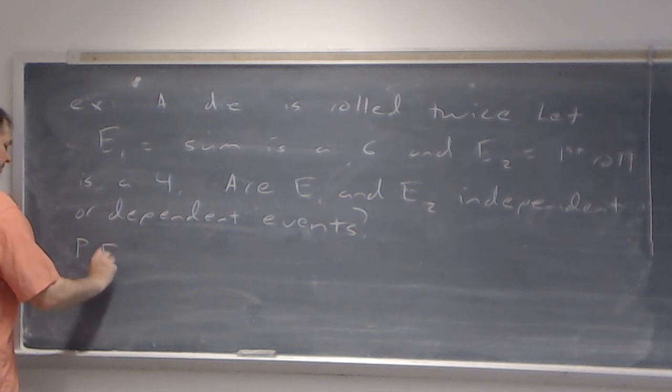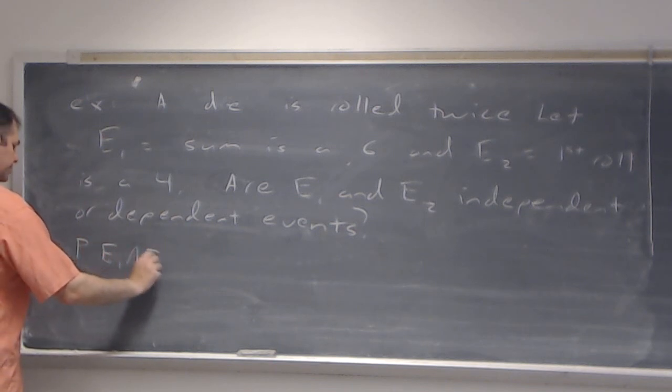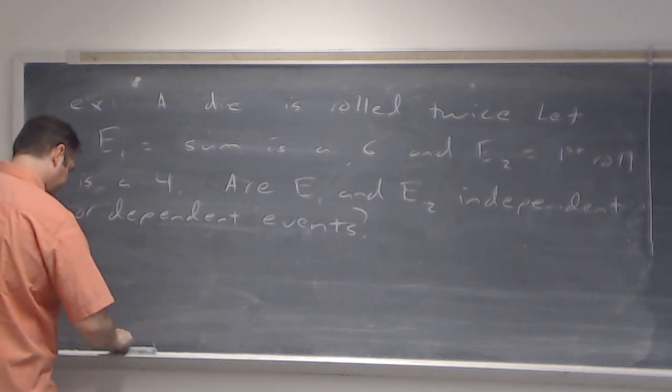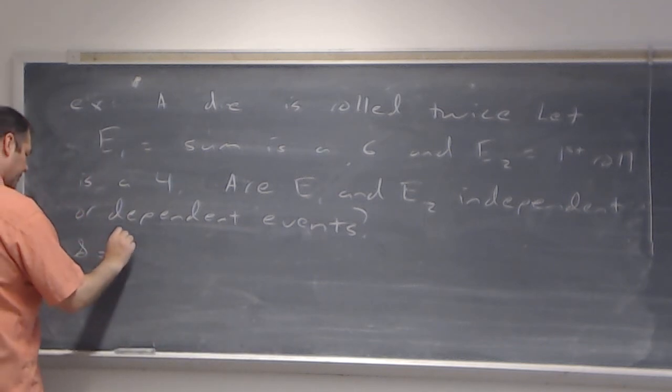And so the probability of E1 intersect E2. Let me quickly write the sample space out first. The sample space, remember, what was that?